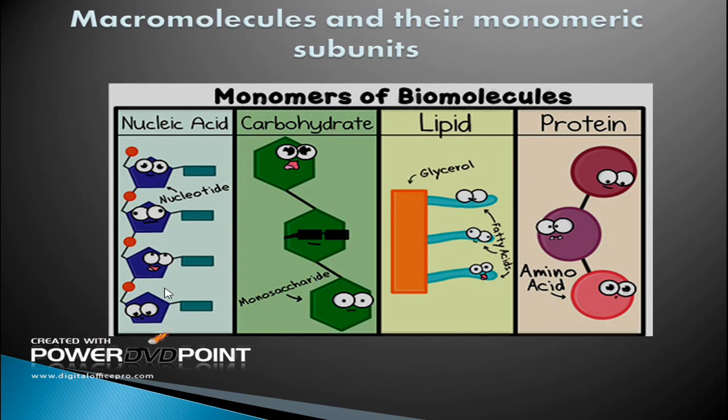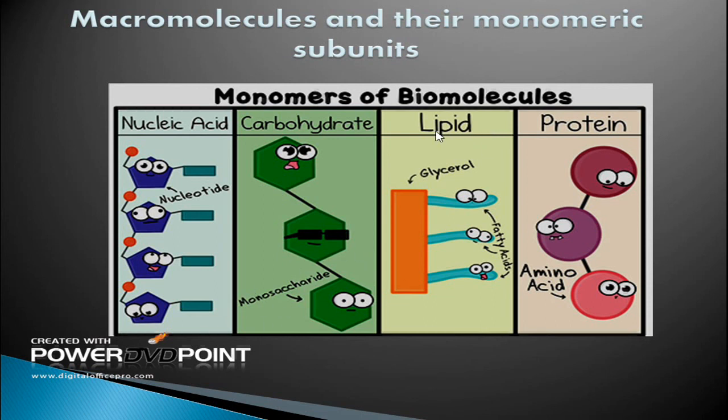So here we can see the nucleic acids are polymers of nucleotides. So the monomer of nucleic acids is nucleotide. The monomer for carbohydrate is monosaccharide.